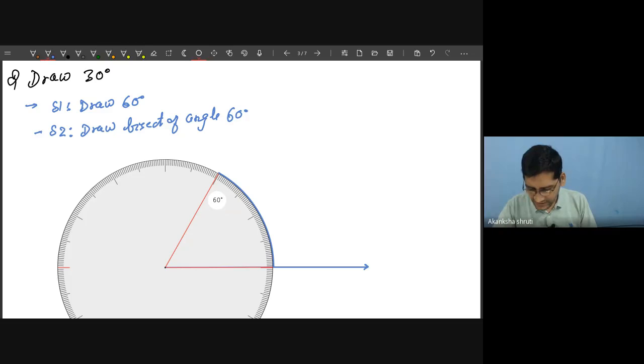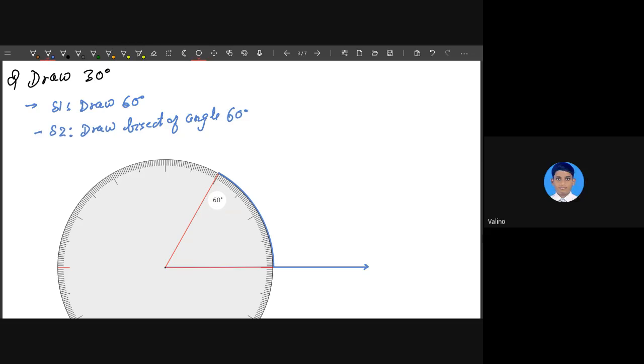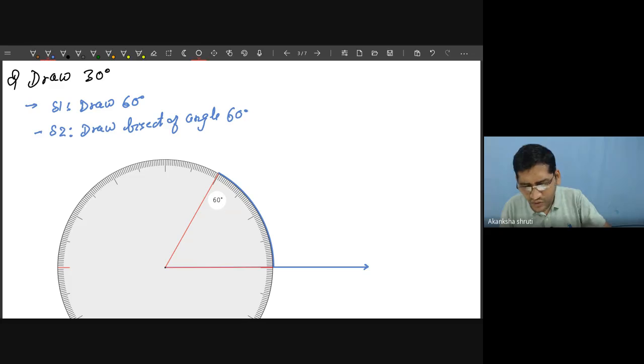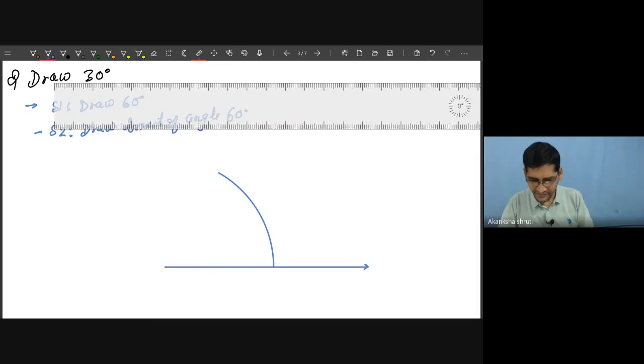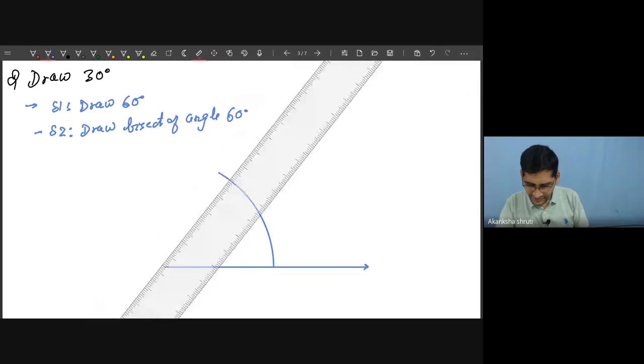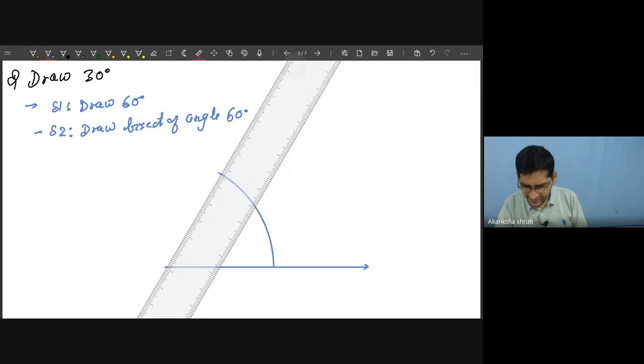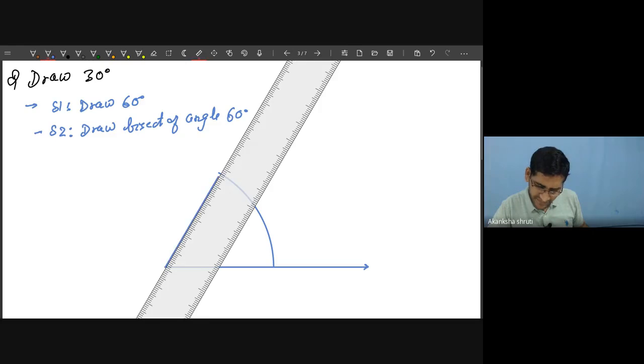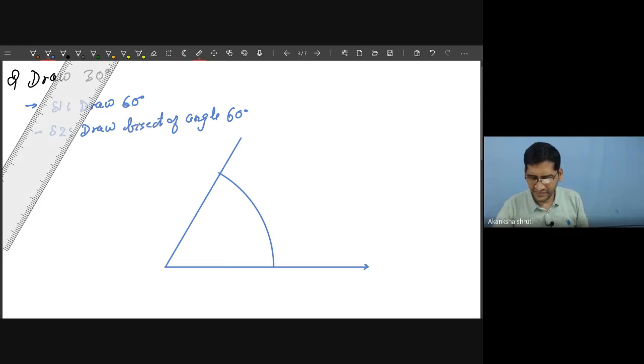We have to join this line. So take the ruler to join it. So this way it becomes our 60 degree. This is our 60 degree.